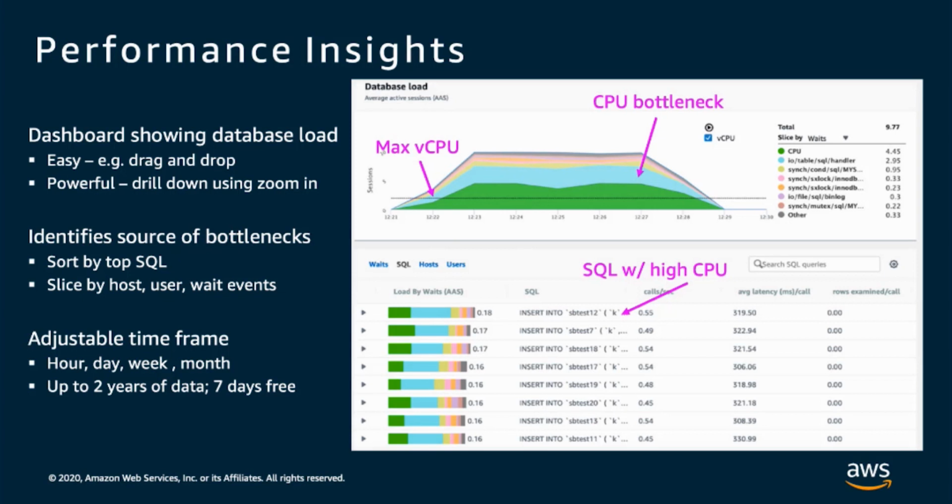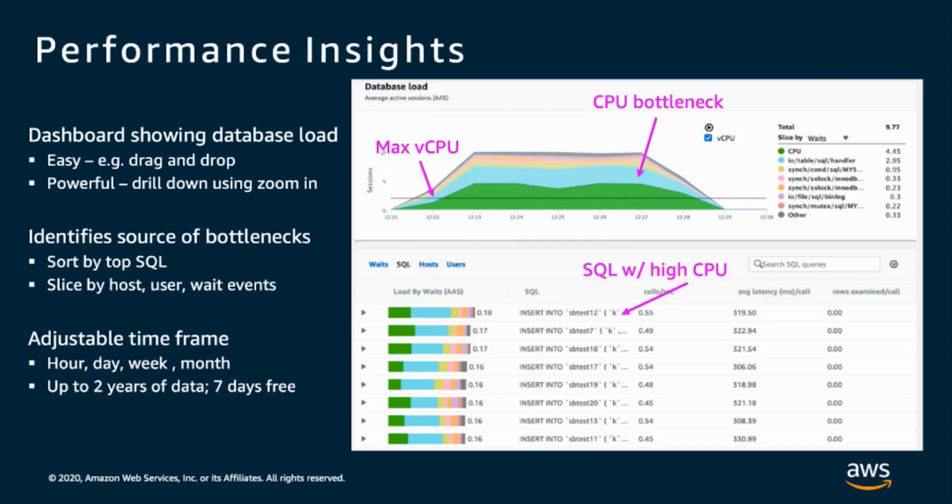This is basically a free tool for 7 days, so you can leverage this tool, and if you want, you can save up to 2 years. When I was creating an RDS instance, I showed you that you have up to 2 years. There might be an extra cost associated with that, but this is a pretty good tool.